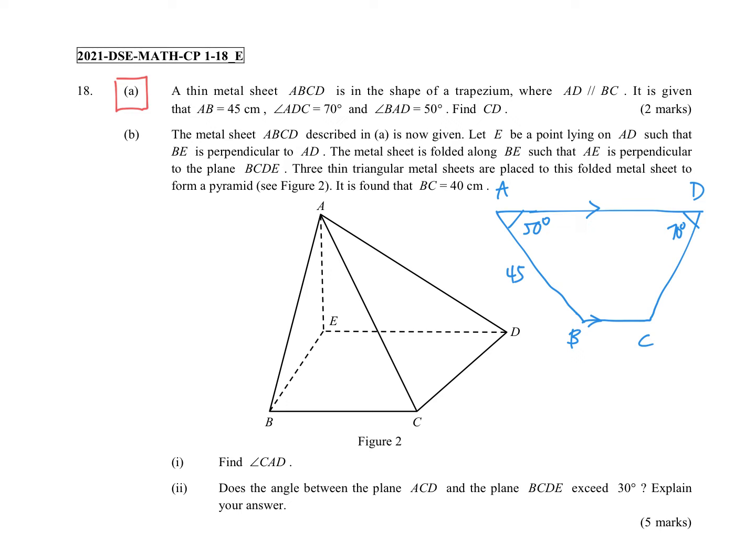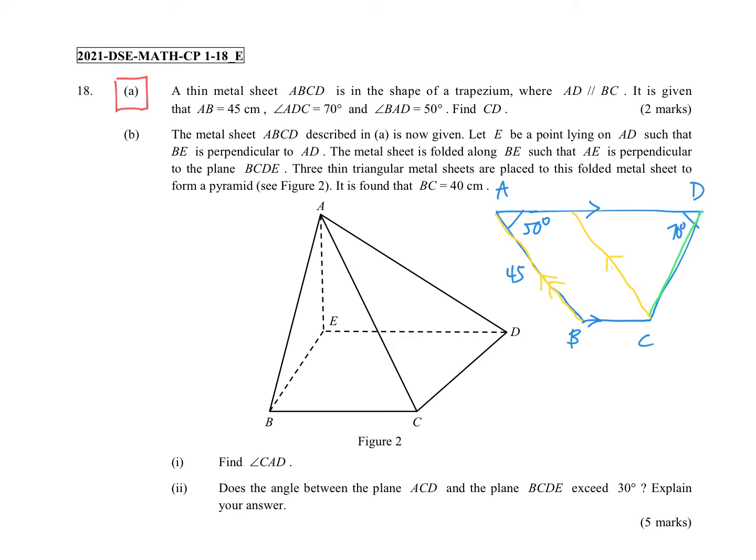So, in order to find CD here, we need to translate AB, translate this side to the right, such that they are parallel.